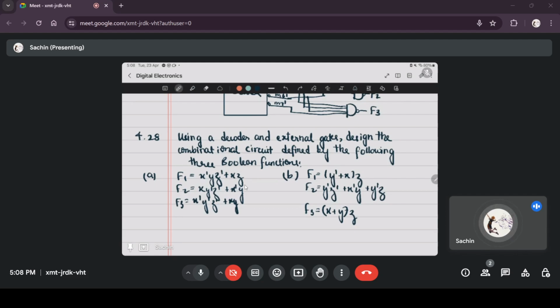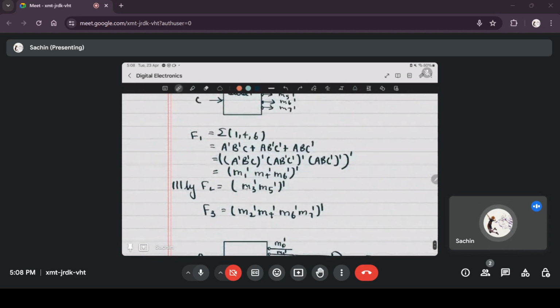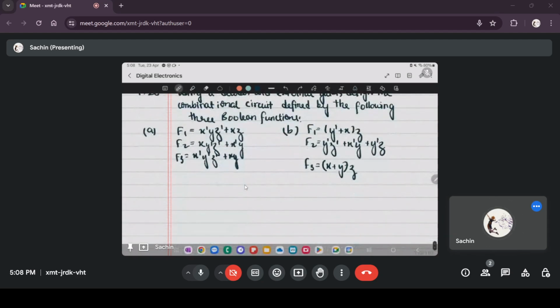You OR the minterms using an OR gate, and follow the same thing that we did in problem 4.27 to get the desired outputs. So I'll leave this as a homework problem, and we'll move on to problem 4.29.